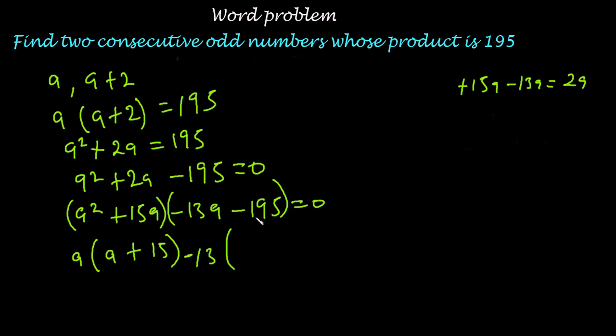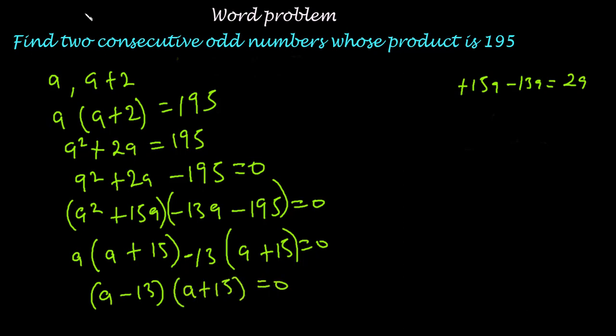So minus 13a divided by minus 13 will give us a. 195 divided by minus 13 will give us 15. So everything is equal to 0. So we are going to say a minus 13, and we have a plus 15, everything is equal to 0.